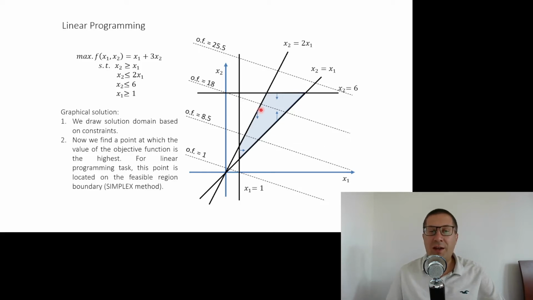In order to find this point, in case of linear problems, we are using the simplex method. It's a very efficient, very fast method that finds the optimal solution. It's here. This is the optimal solution because this plane that represents the objective function has the highest value here. It cannot go further because of the constraint.